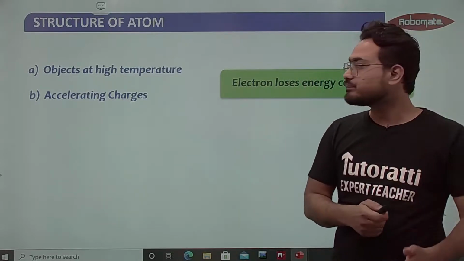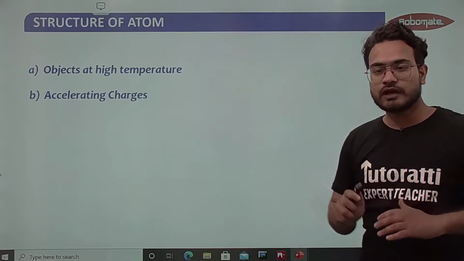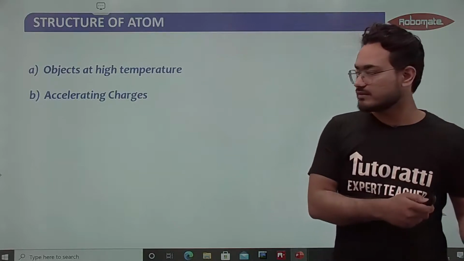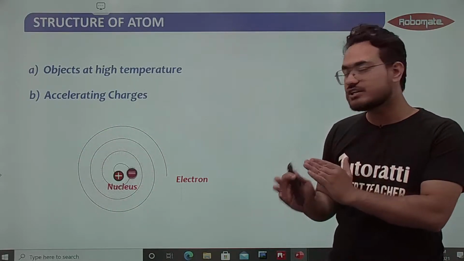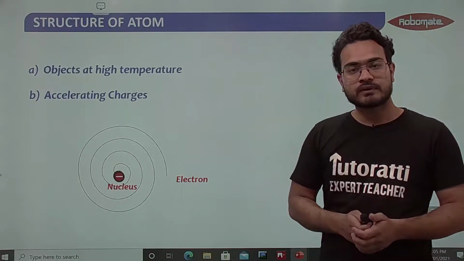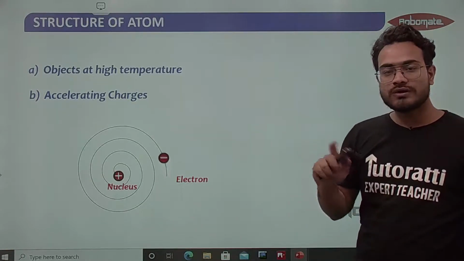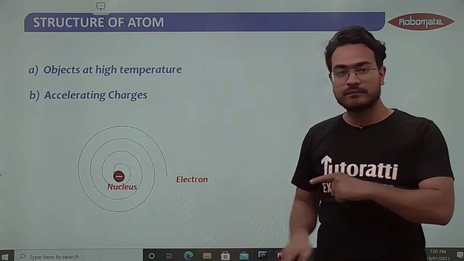I'll tell you today what are the problems with this model also. The next thing, how the electron loses its energy: if the electron keeps on losing energy, it will follow a spiral path and fall back into the nucleus.